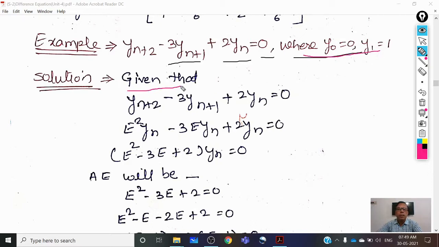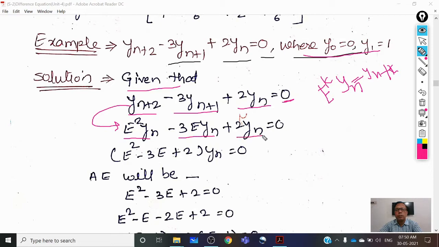So given that y_{n+2} − 3y_{n+1} + 2y_n = 0, on simplifying by using the formula E^k y_n = y_{n+k}, this given equation can be written as E² y_n − 3E y_n + 2 y_n = 0, or on simplifying, (E² − 3E + 2) y_n = 0.